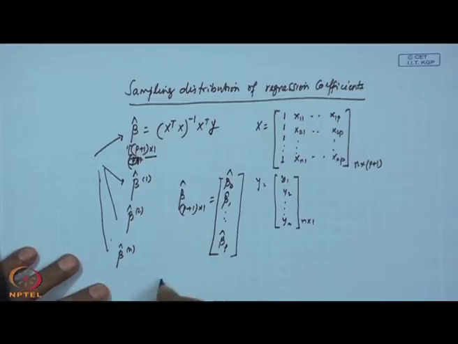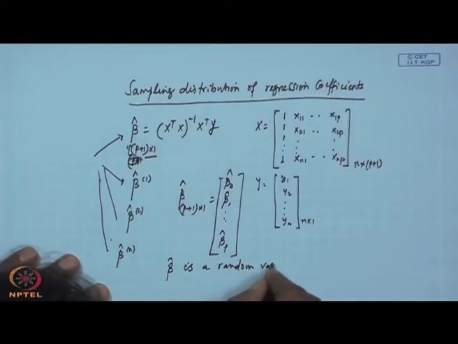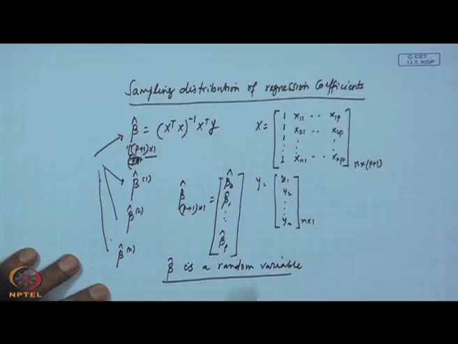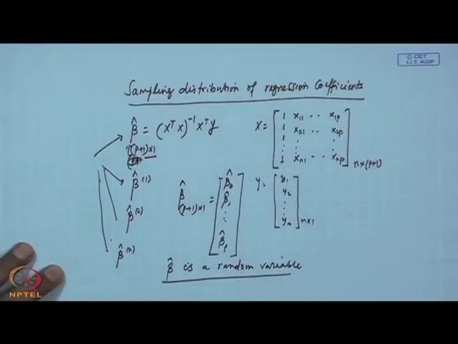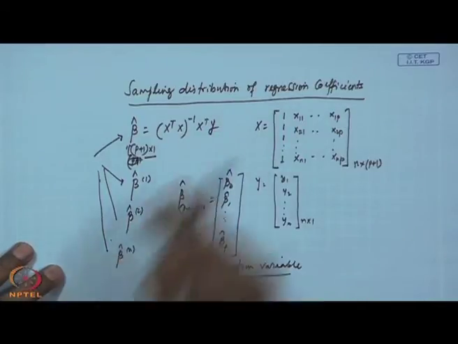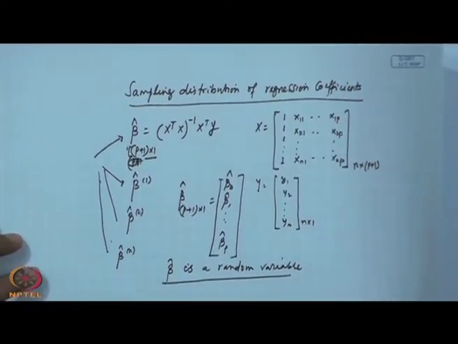So, beta cap is a random variable, and we want to know its distribution, and that is the sampling distribution of regression coefficient. Then using the distribution of beta cap, we will derive confidence interval and other things.